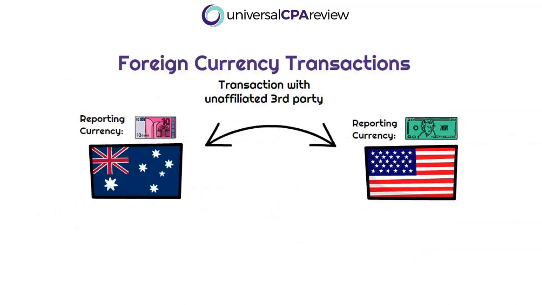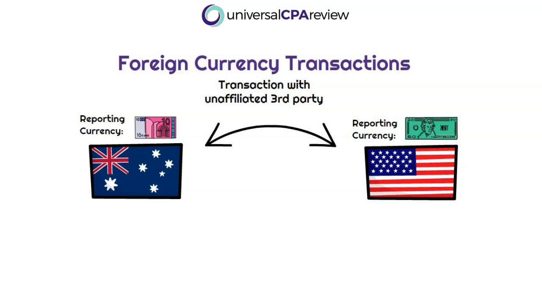Foreign currency transactions are transactions that occur with an unaffiliated third party, right? So if you're buying something from a supplier or vendor and they invoice you in a different currency other than what you would consider to be your reporting or functional currency, then that is a foreign currency transaction.